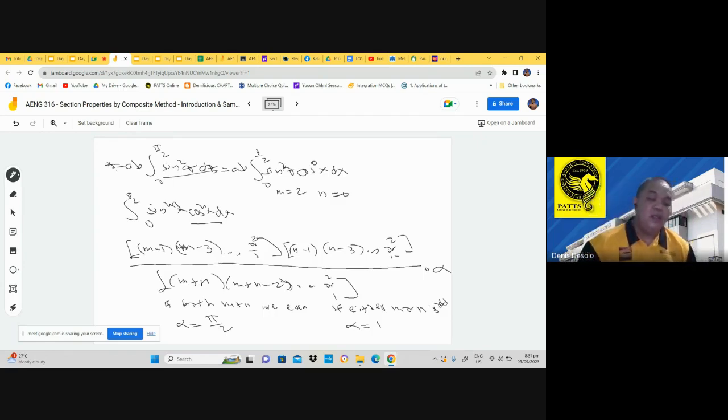Instead, we replace the factoring by a factor of 1 only, and you're done. What's the reason? Let us say your exponent is 0. If you subtract 1, you will have 0 minus 1. The next factor will be subtracted by 3, so you will have 0 minus 3, and so on and so forth.